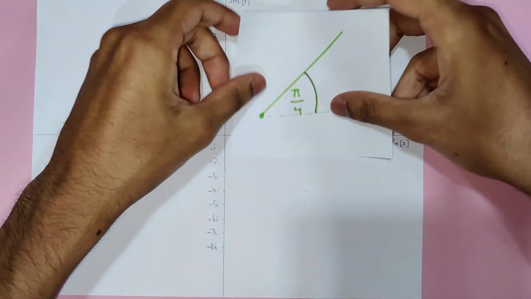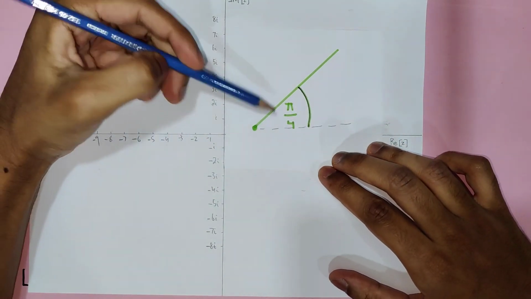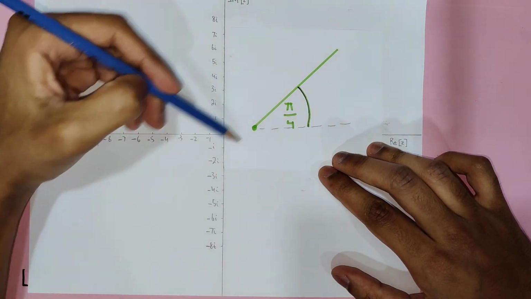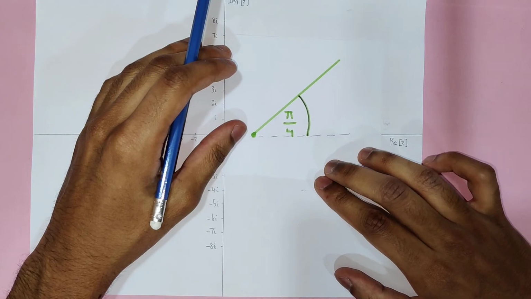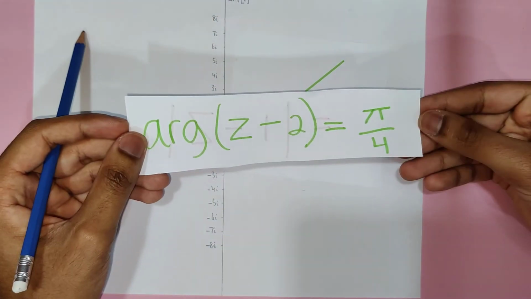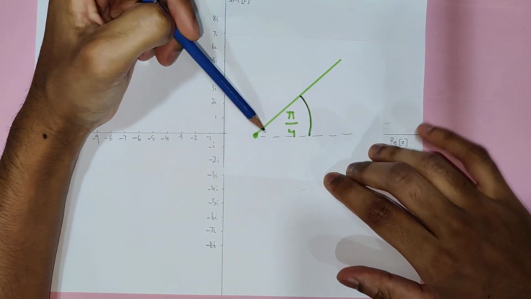It looks like something like this. It's called a half line because it only starts at a point and goes onwards. Everything underneath is not allowed to be shown on this line. So this represents all possible values z can take, given that it fulfills this equation here. So every value of z will lie on this half line.